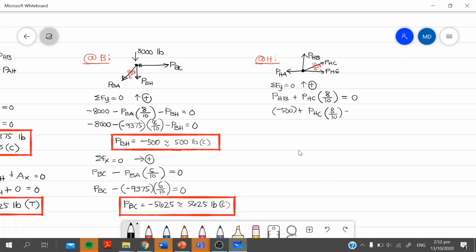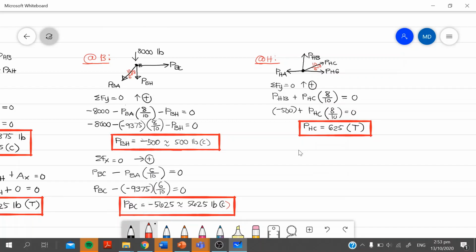Okay, and then solve for force HC. So, positive 625 means to say na tama na tension ang atuang assumption.